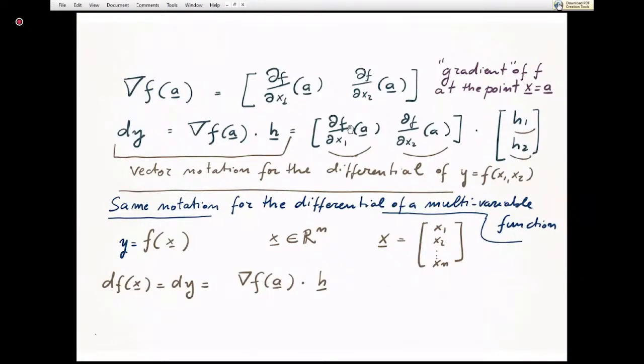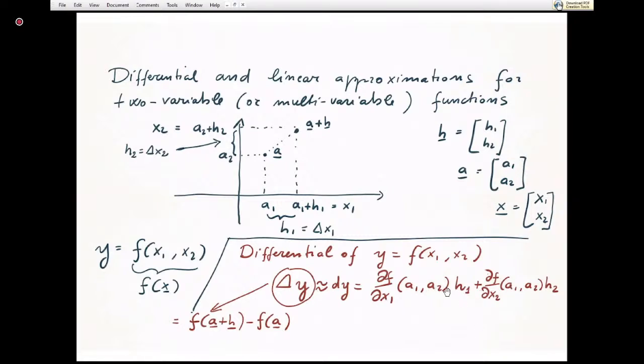But what I get here, if I model this as a multiplication between two vectors, is just the differential, because it's partial derivatives times its increment plus the other partial derivatives times its respective increment, okay? So this is the result of the multiplication.